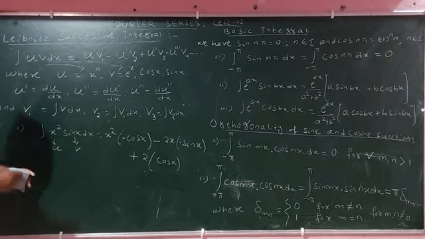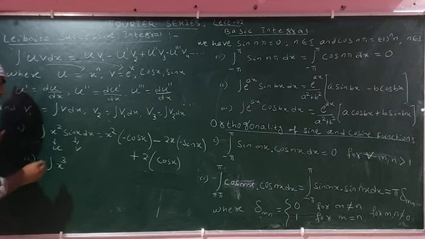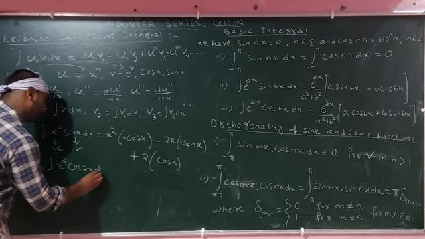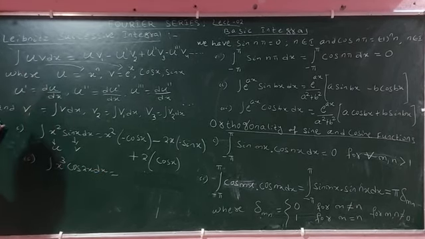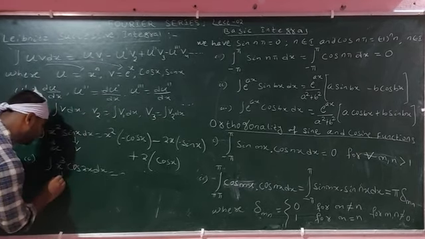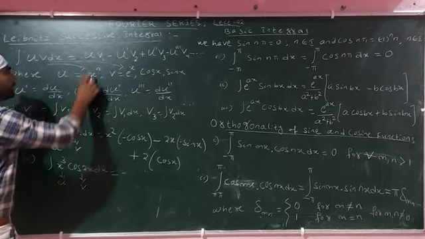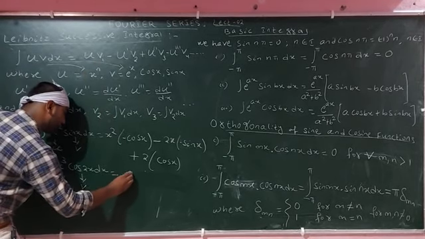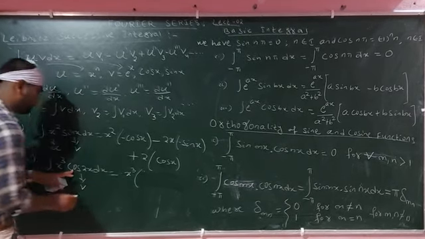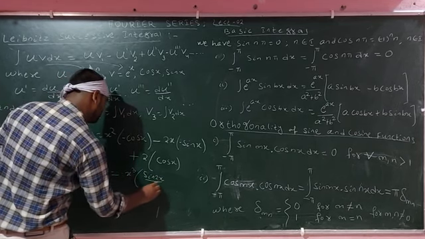For the second example, the integration of x cube cos 2x. Here we apply Leibniz successive integration, that is u v1, where x cube is u and cos 2x is the v function. So u is x cube, v1 is the integration of cos 2x, which is sin 2x divided by 2.